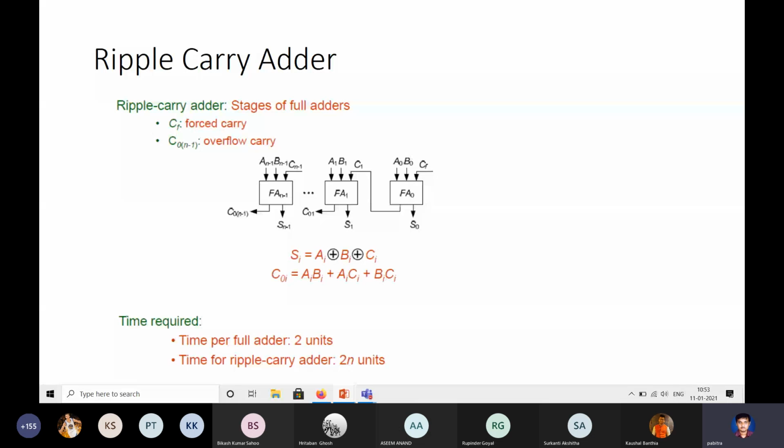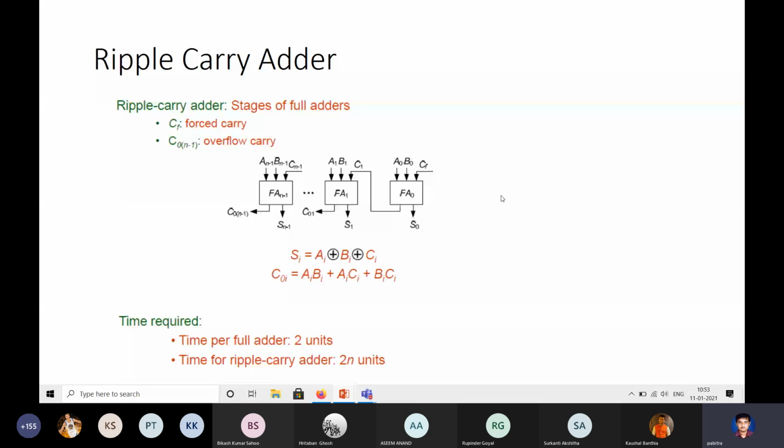At the initial stage you only need a half adder, there is no carry in, and the output of the first stage goes out. The carry of the first stage ripples to the input of the second stage.